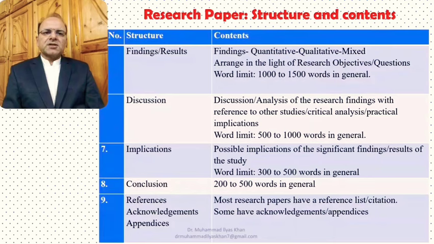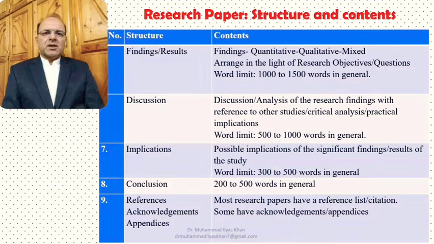Then, in the implications section, we also expect the researchers to give possible implications of the significant findings or results of the study. So what do the overall findings or the conclusions mean to the researcher, and what do they mean in terms of their value to the development of theory and practice, or informing practice?